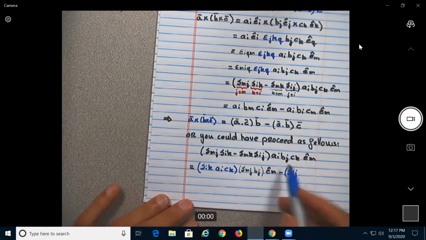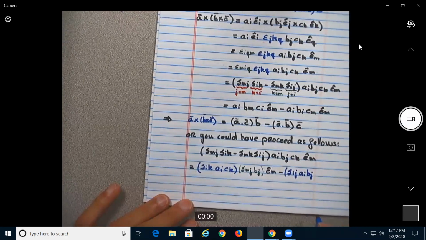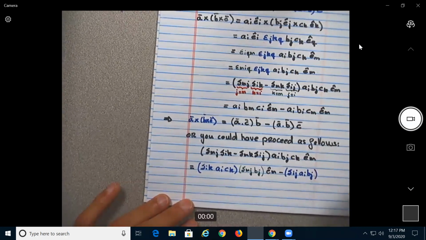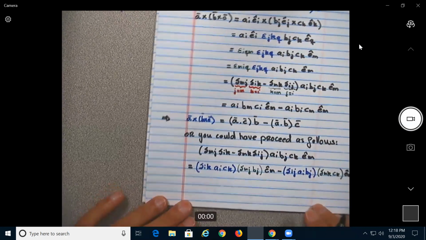What are the two repeated? A sub i, b sub j. And now the other one, delta mk, c sub k, e sub m.